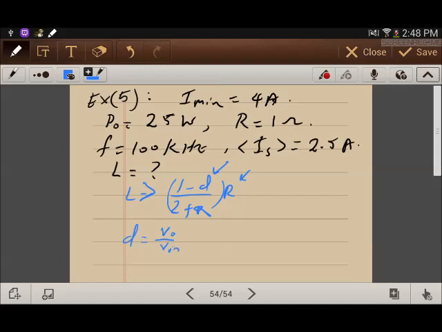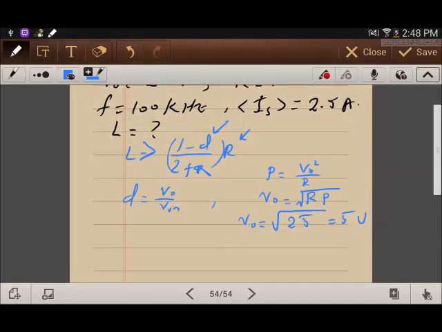I don't have V out or Vin, but I have the power. The power is V out square over R. So V out is equal to the square root of R multiplied by P, so the square root of 25, which is 5 volts.